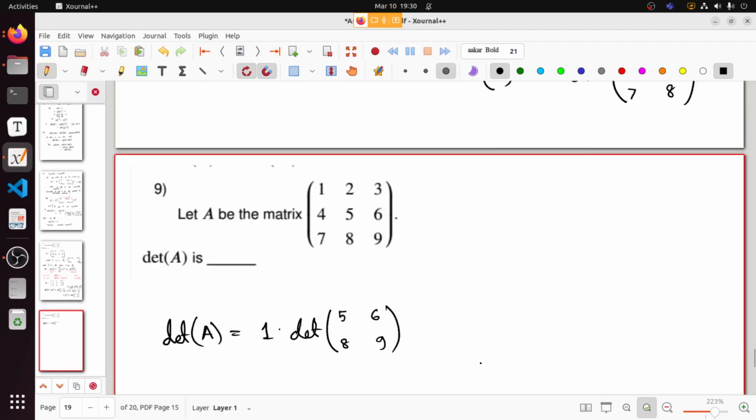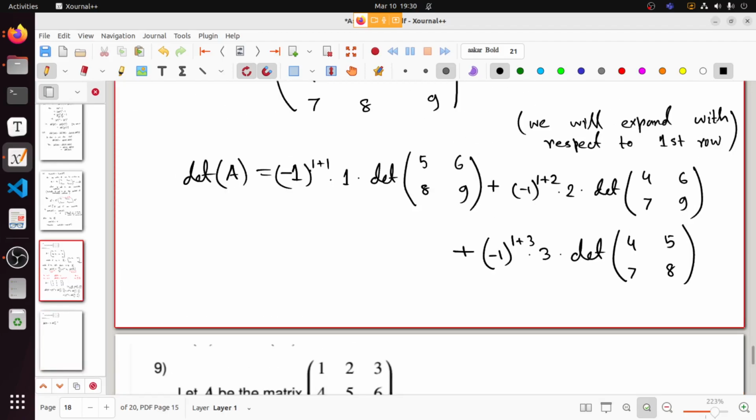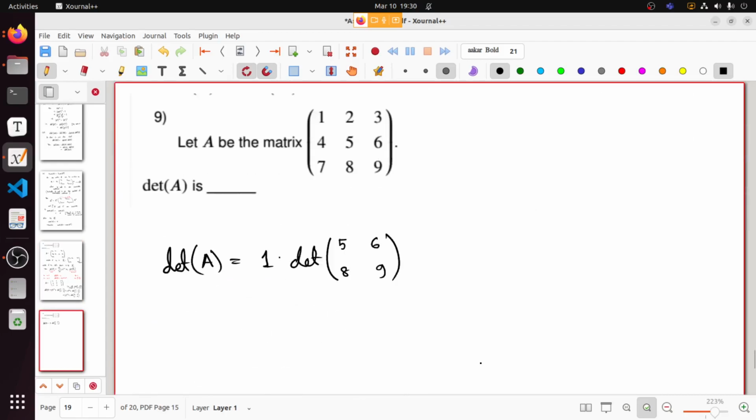For this, minus 1 to the power 1 plus 2, it's odd, so minus will come, minus 2 into determinant of 4 6 7 9, right? The third, it will be plus, minus 1 to the 1 plus 3, 3 times determinant of 4 5 7 8.